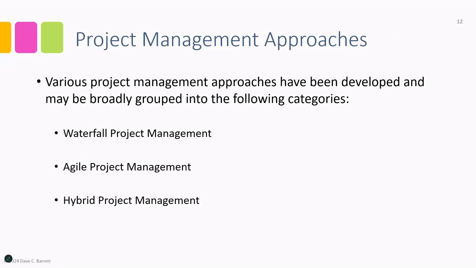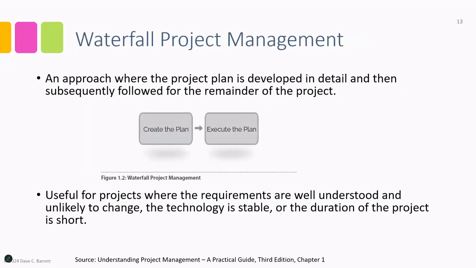There's also agile, referred to as agile project management or agile delivery, which employs agile techniques. This will be looked at later in the course. And then there's the combination of the two, some waterfall and some agile, referred to as hybrid project management.